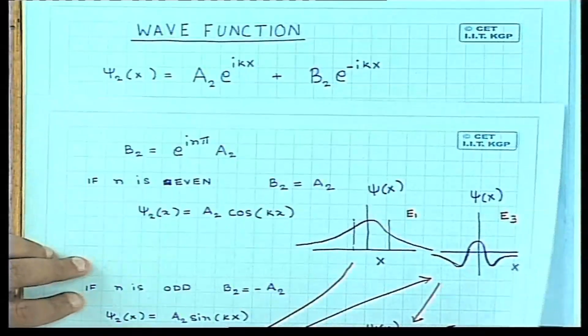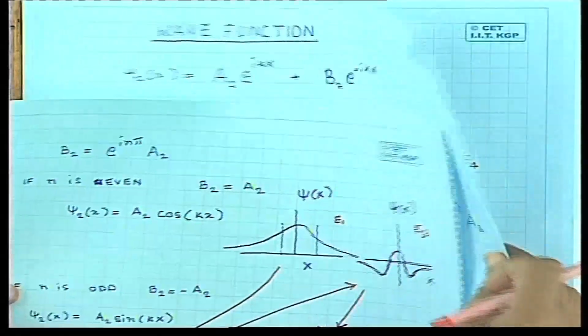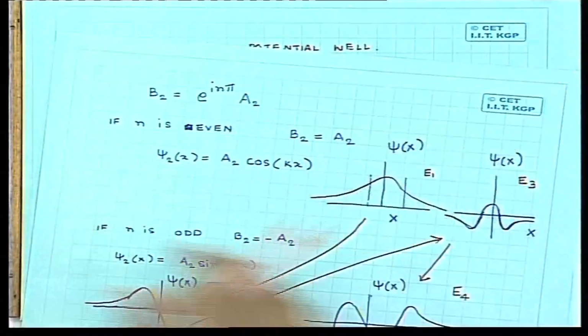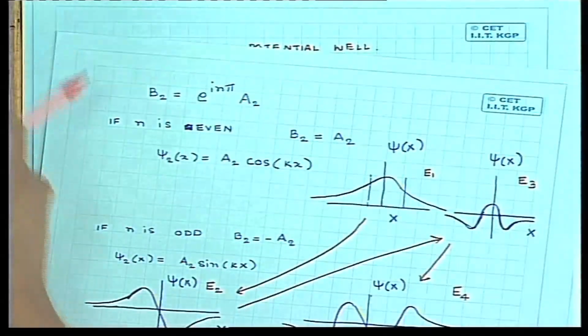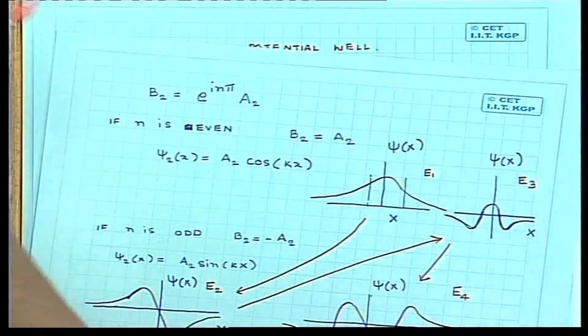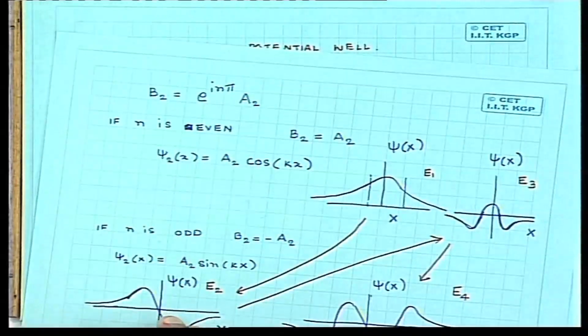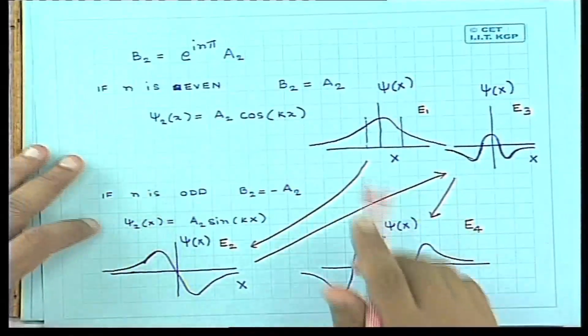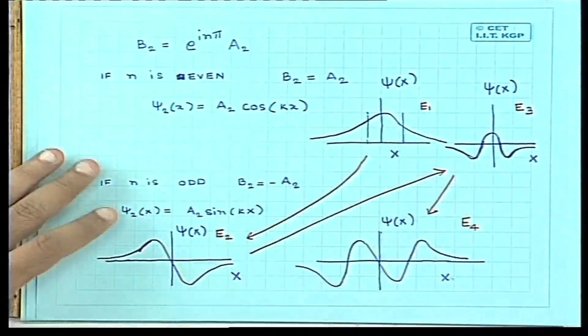So for even n, we have found under what conditions different solutions exist, and we can also now draw the nature of the wave function.